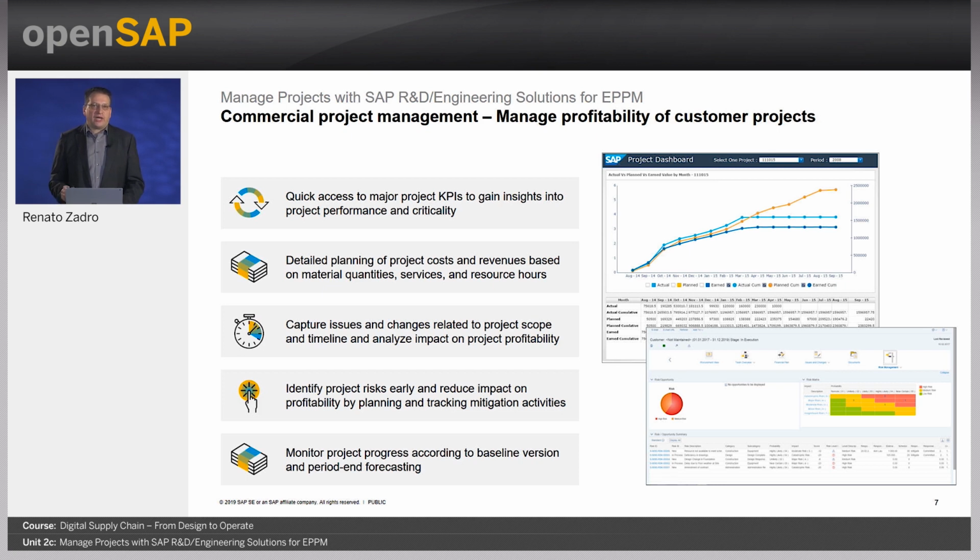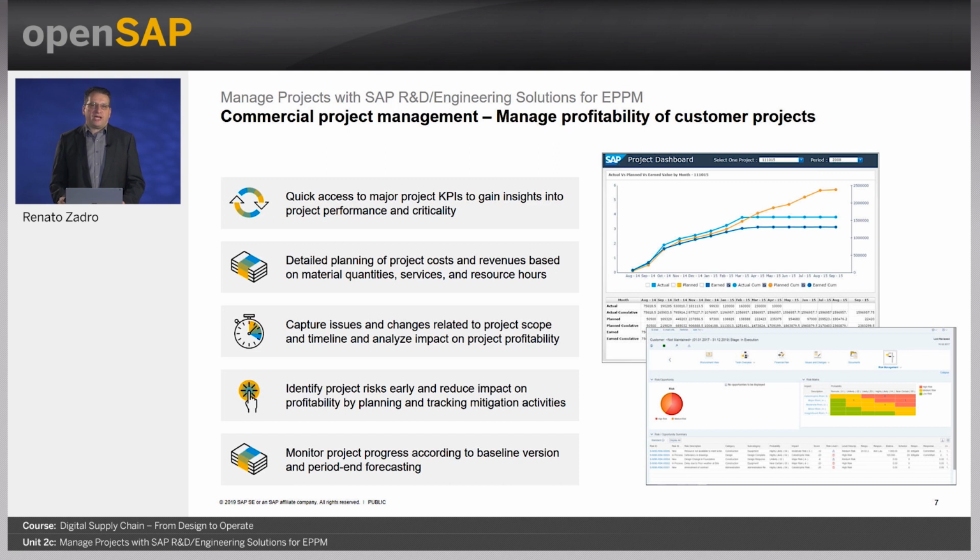But the solution can also be relevant to companies who produce highly customized products, which is the case for aerospace and defense, manufacturers of industrial components, and automotive suppliers. In addition, this solution can be in general of interest for all customers that today already use SAP Project System.